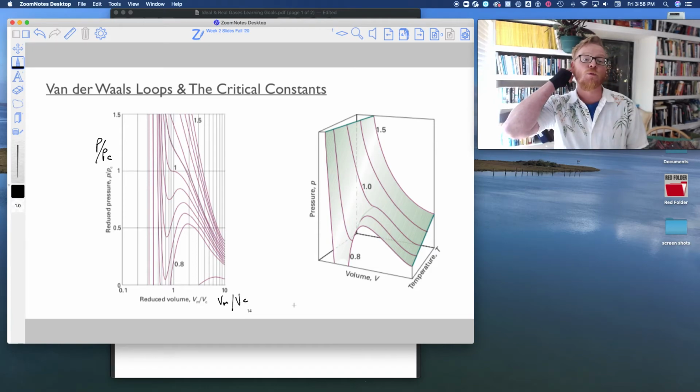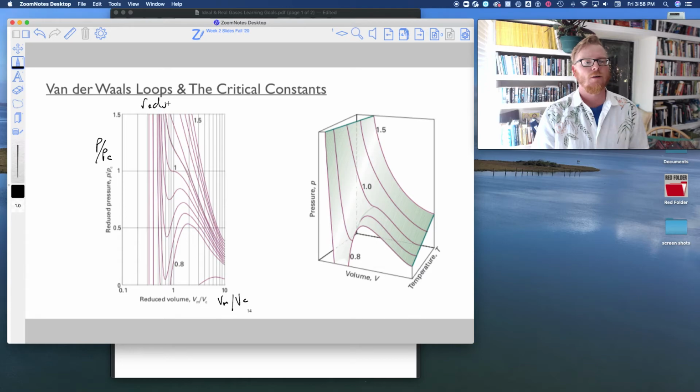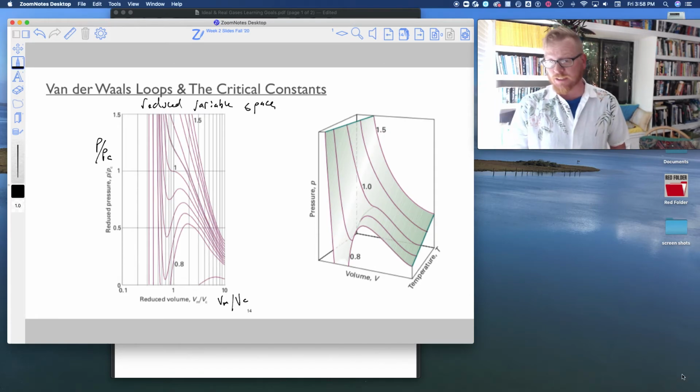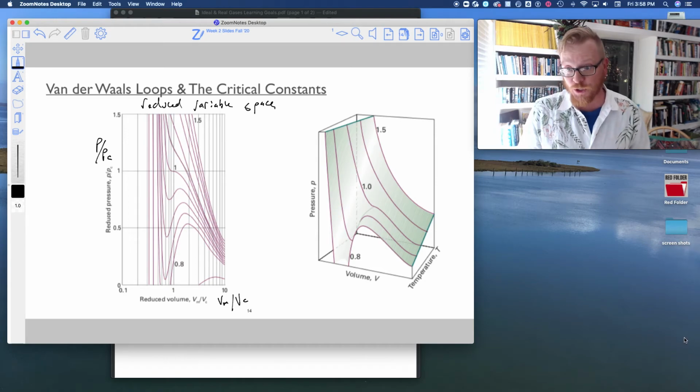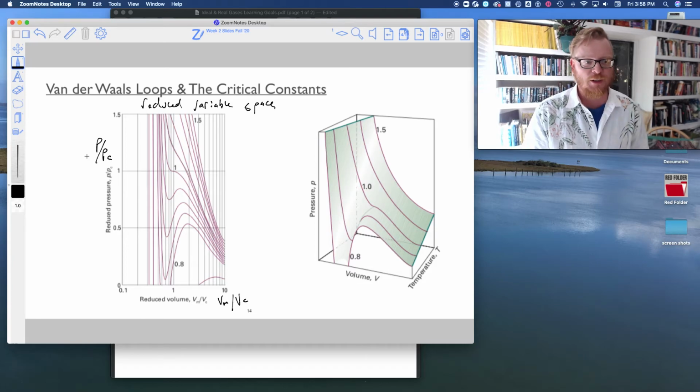That's what we call a reduced variable space. That means we don't have to specify the actual unit, because if this pressure was in atmospheres, but I then divided it by the critical pressure in atmospheres, then it becomes unitless. And look, there's something really cool that happens.